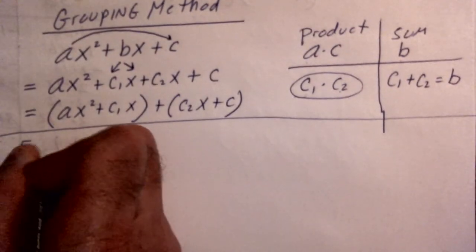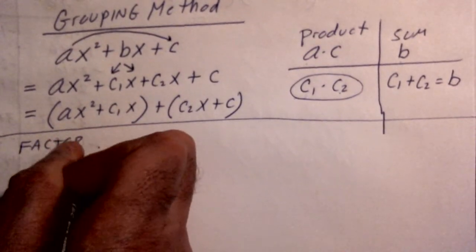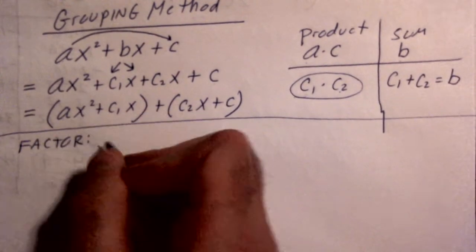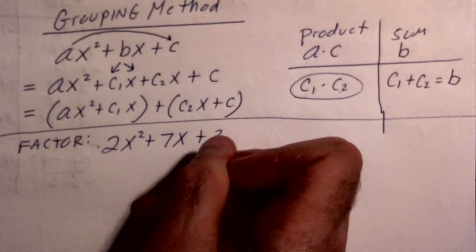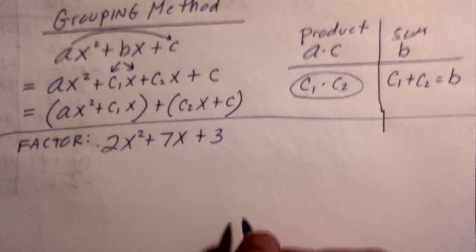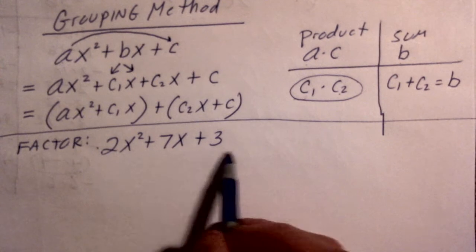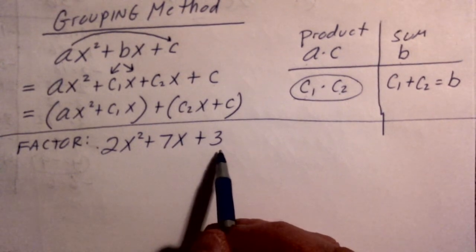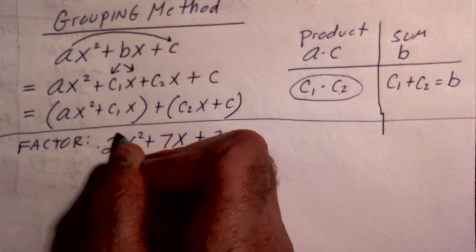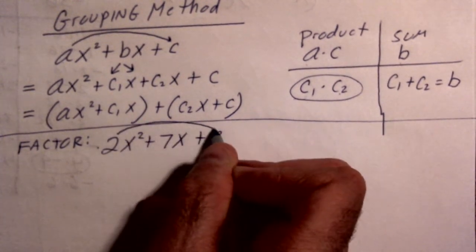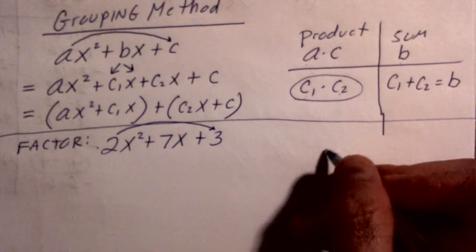The first one we'll try to factor is going to be 2x squared plus 7x plus 3. So we want to factor this difficult trinomial here using the grouping method. So to initiate the procedure, we take the leading coefficient and multiply it by the constant term of 3.